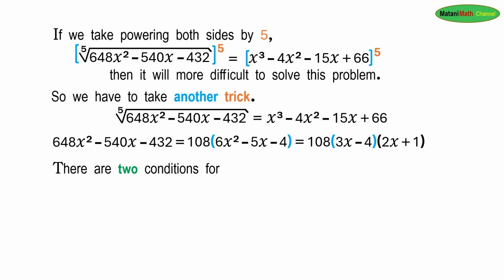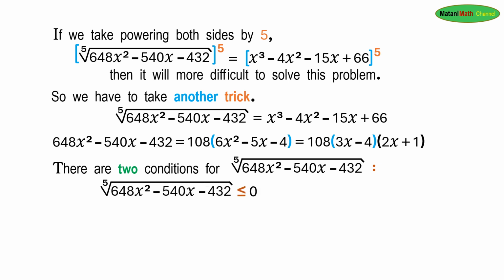There are two conditions for the fifth root of 648x squared minus 540x minus 432. The first, the fifth root of 648x squared minus 540x minus 432 less than or equal to 0.